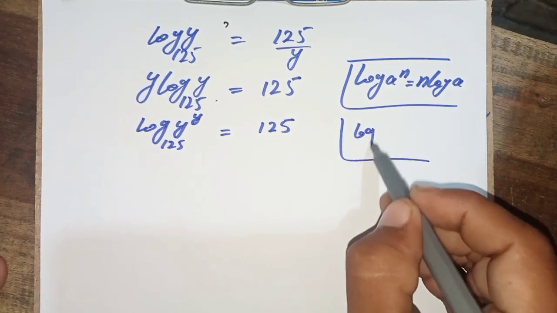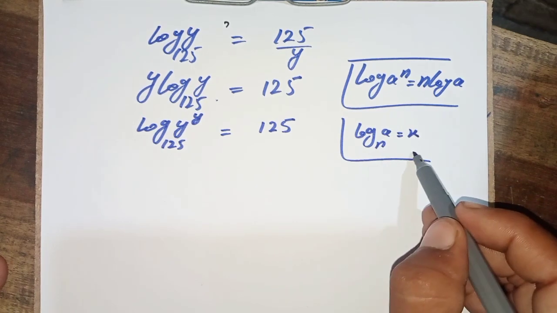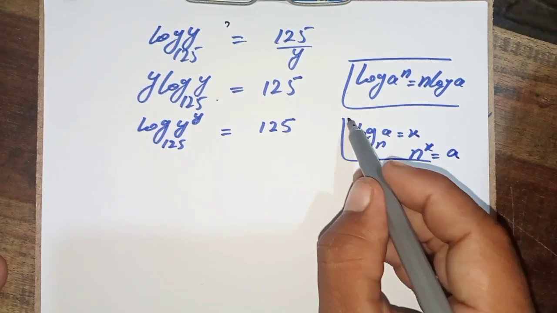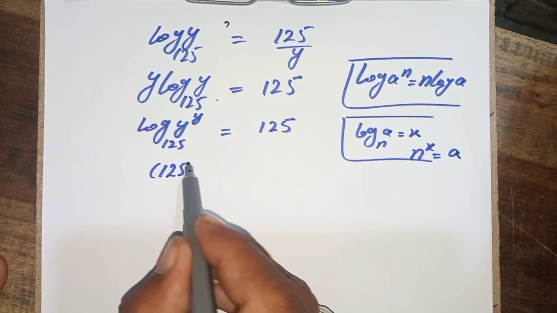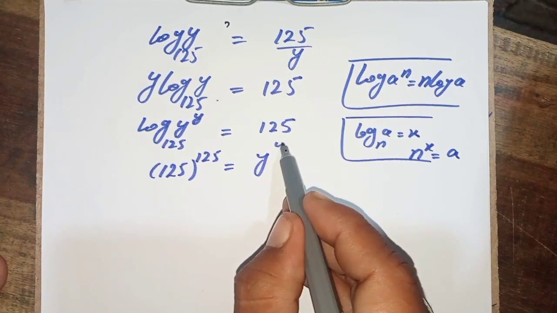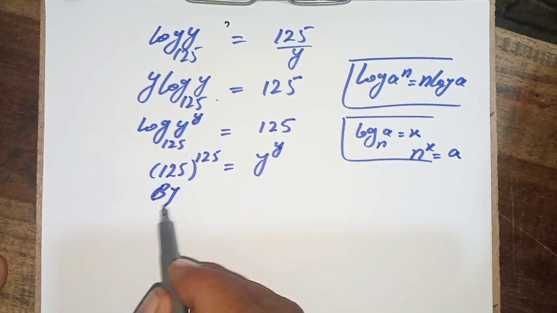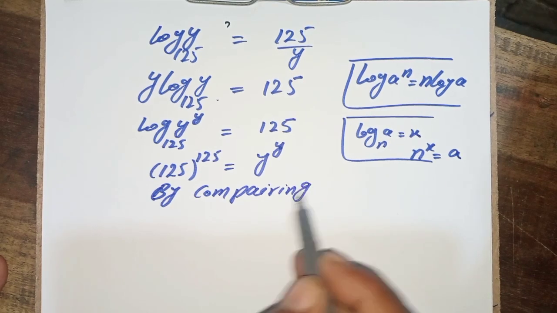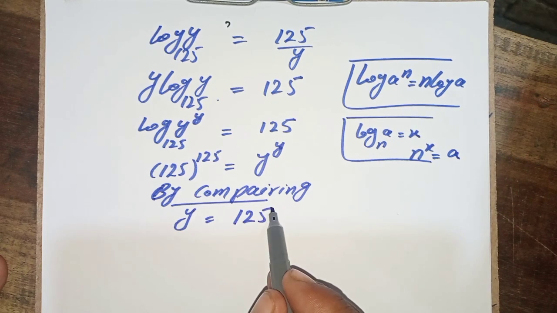Now students, we apply another logarithmic rule: log base n of a is equal to x, so we can write n^x is equal to a. This rule applies over here. The equation becomes 125^125 equals y^y. By comparing both sides of the equation, y becomes 125.